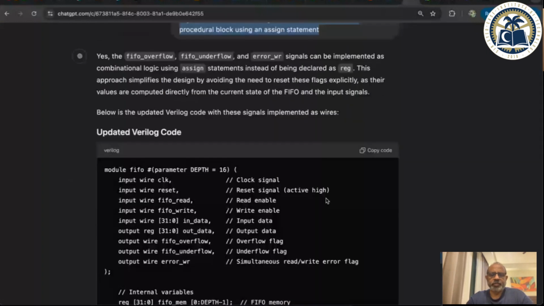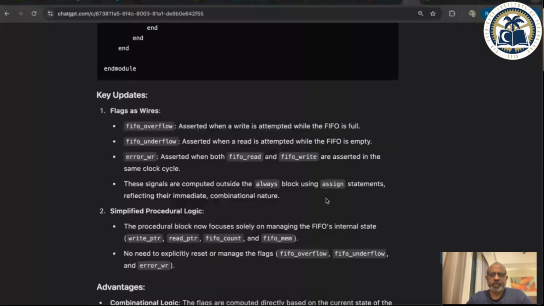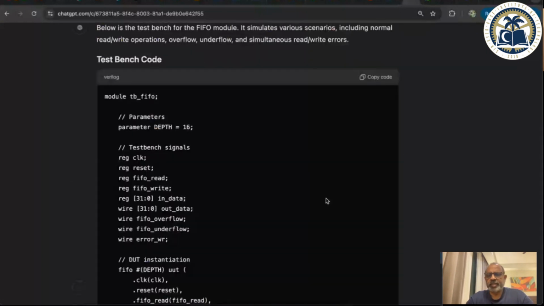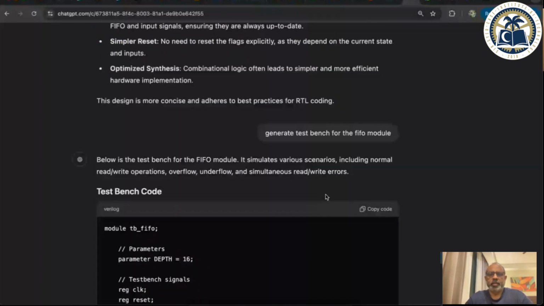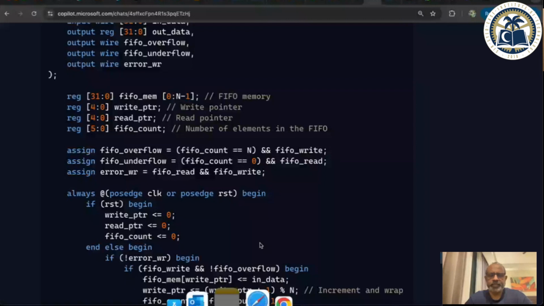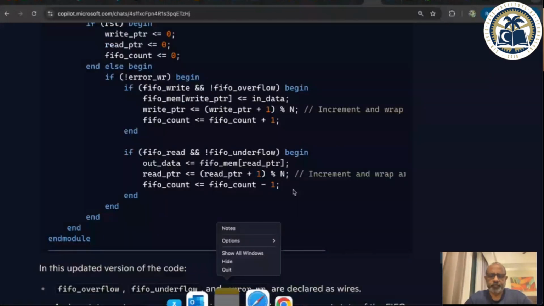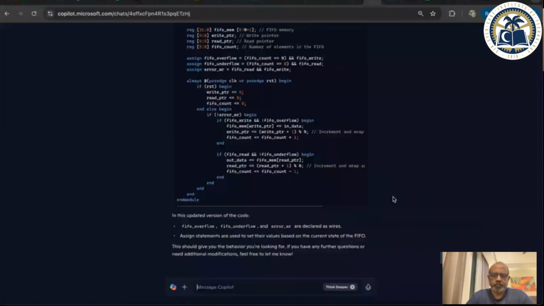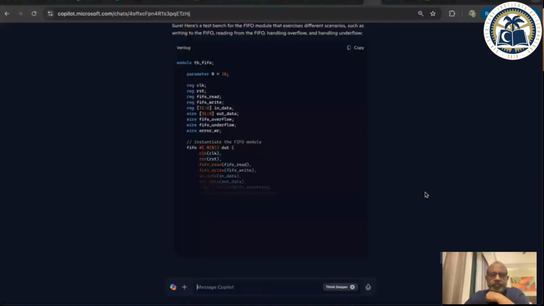As I told you, now we can even have a test bench. So let's ask Copilot to generate a test bench. It's very good.